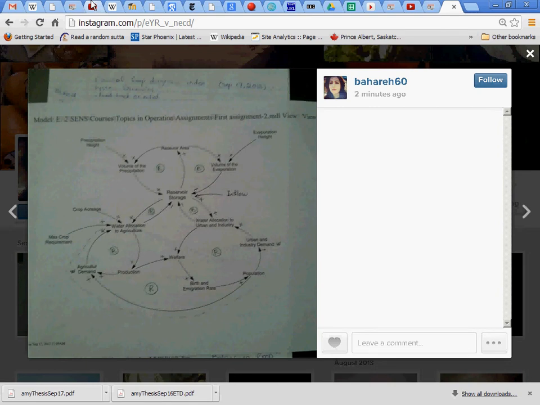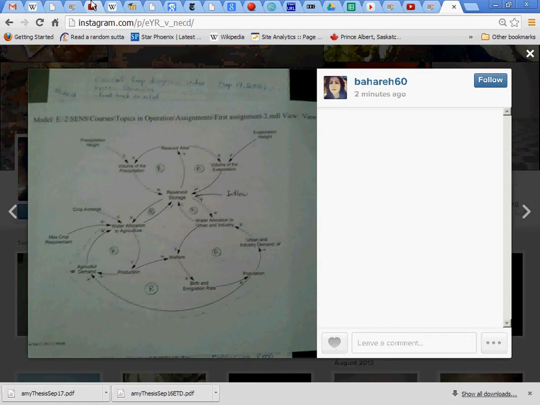Now, the production, this is water demand, not demand for the agricultural goods per se, but for the water associated with it. So the more you have in production, the more irrigation is needed, and hence the higher agricultural demand.